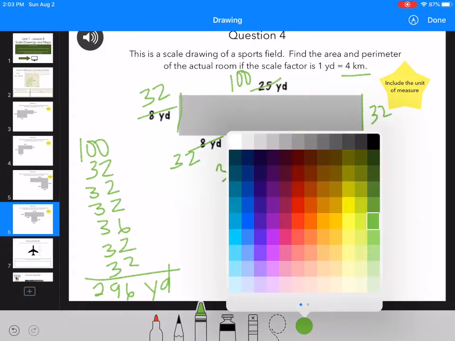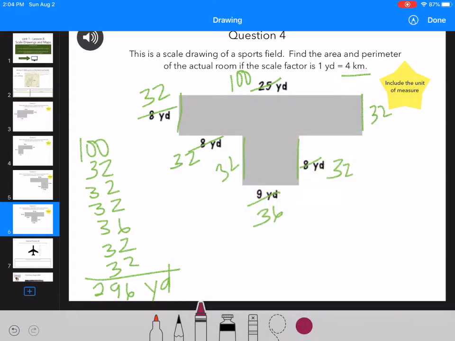So for this one, I'm going to do the division strategy, or divide it up into 3 rectangles. So I know this is 32 by 32. So that's going to be 32 times 32. And I get 1024. Same thing over here, 32 by 32. Oh, whoops, it looks like I missed this side.